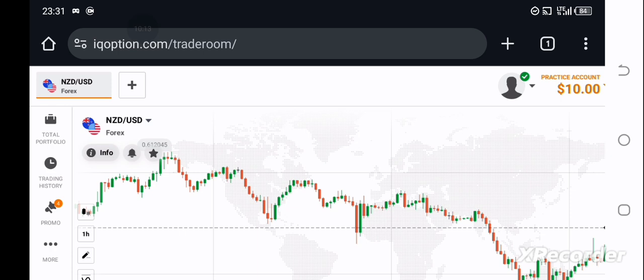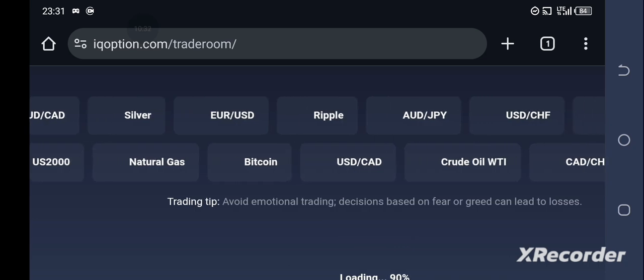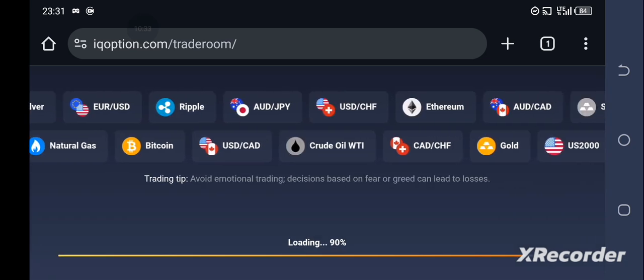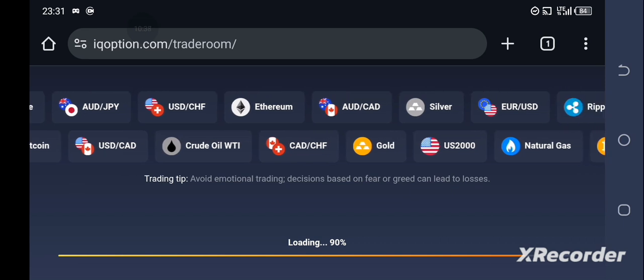So that is why you need to plot your lines from two. Make sure you connect two different areas. Make sure you stick to the rules. Rule number one, connect two areas on the chart. Make sure to have a good number of touches on the chart. 2 touches, 3 touches, 4 touches, if the market provides that long.